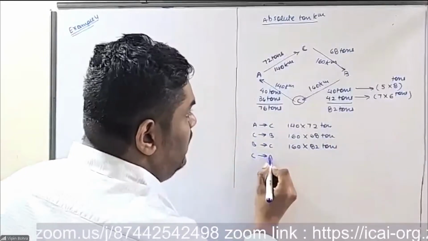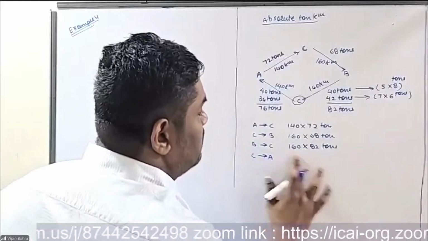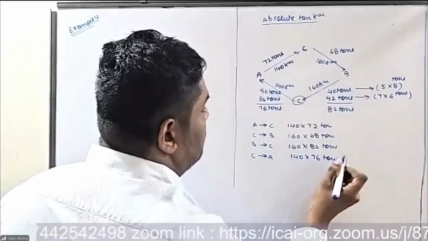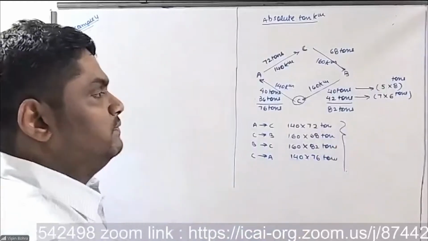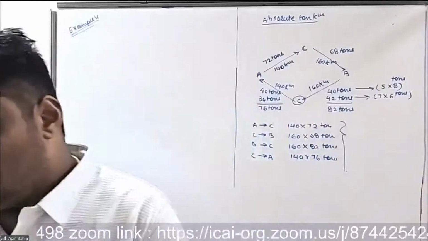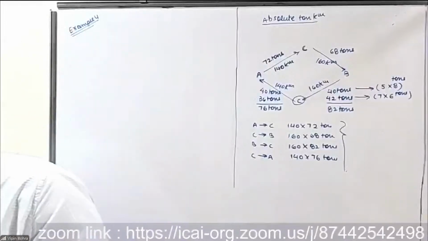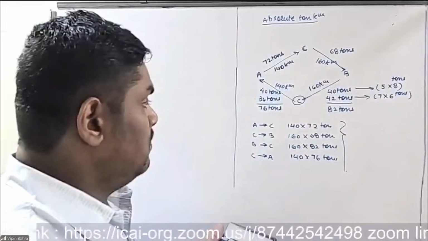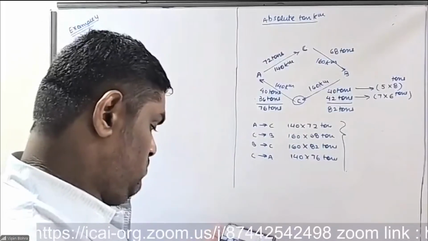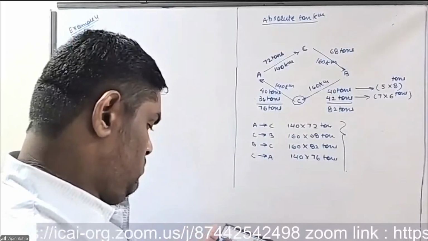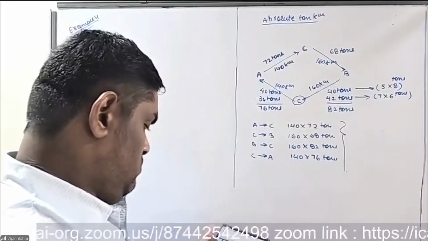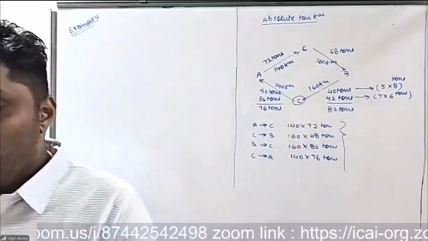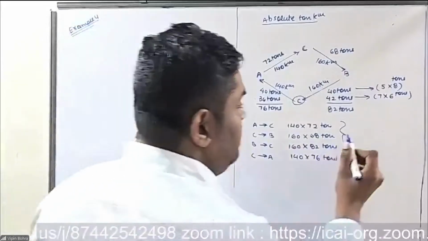And from C to A, it is 140 into 76. So the total absolute ton kilometers will be 44,720.